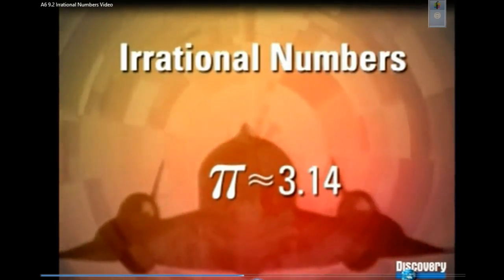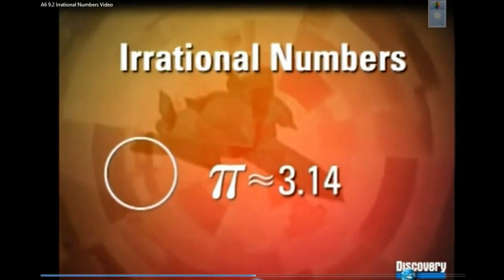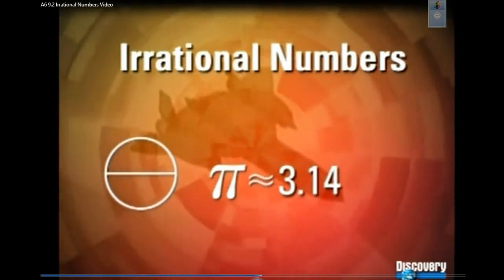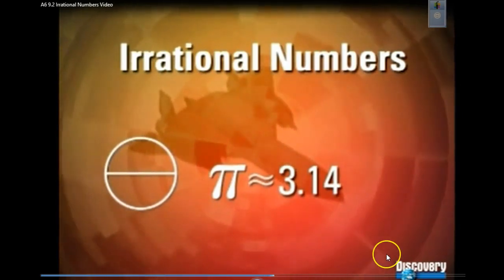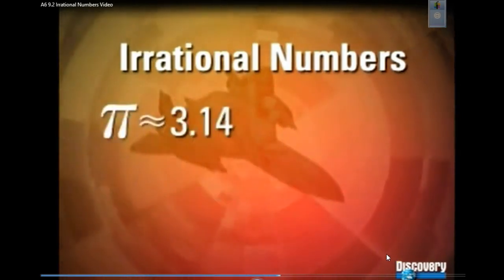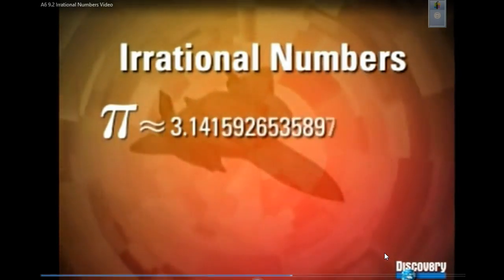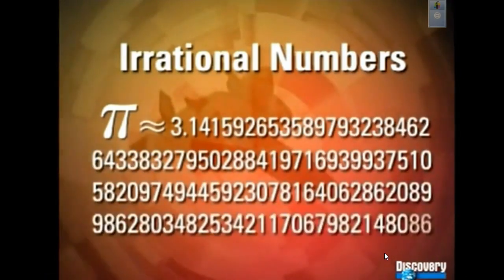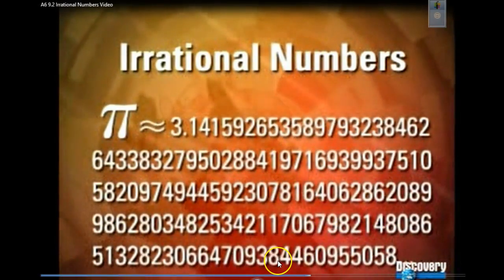That's because even though it's a ratio of one length, the circumference of a circle, to another, the circle's diameter, it cannot be expressed as a ratio or fraction of two integers. It has no exact decimal equivalent. If we were to try to write out all its decimal digits, we would be writing forever, and the sequence of digits would never get to a continuously repeating pattern.